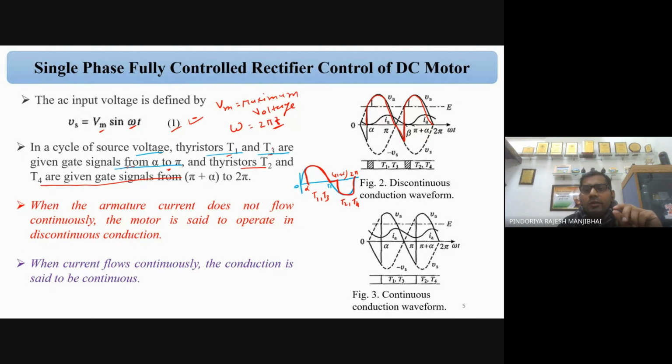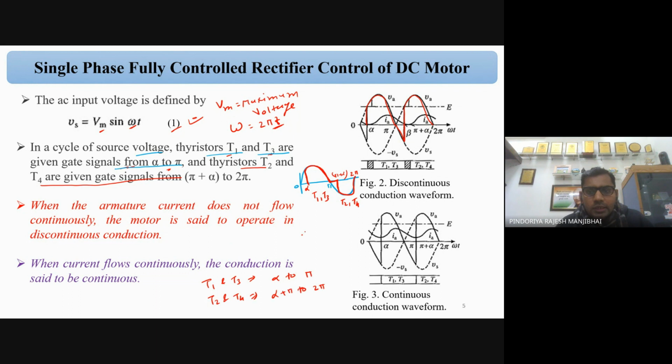So we can operate T1 and T3 from alpha to pi, and T2 and T4 from alpha plus pi to 2 pi. Okay, so this is the operation time duration. So we have to operate our four thyristors as per this condition, correct? Because we have to ultimately complete the one cycle, correct?